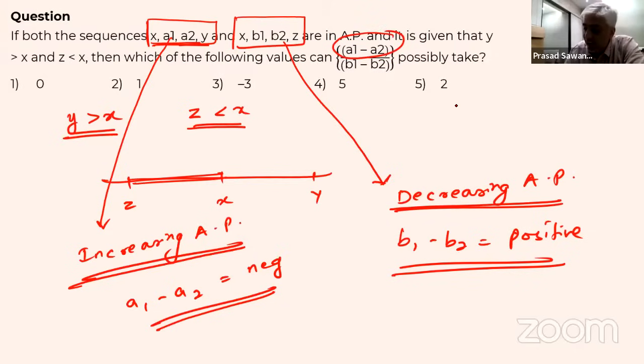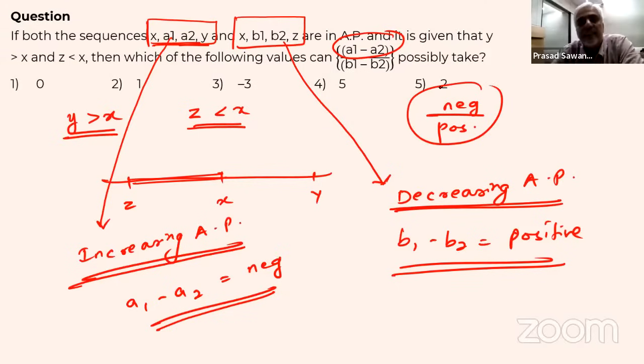Numerator is negative. Denominator is positive. So what will be my final answer? Negative divided by positive will be negative. Hence the answer, there's only one option. Answer is minus 3. Is that clear?